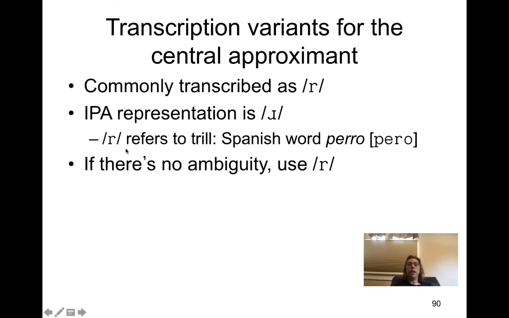Obviously, if there's no ambiguity, because none of the kids we're transcribing are speaking Spanish, they're not using Spanish trills, so there's no ambiguity as to whether they're saying a Spanish trill or just an R, we can use that. Obviously, if I have a Spanish speaker, you would really want to make sure you're using the two appropriately. But usually I'm using them interchangeably for your assignments.